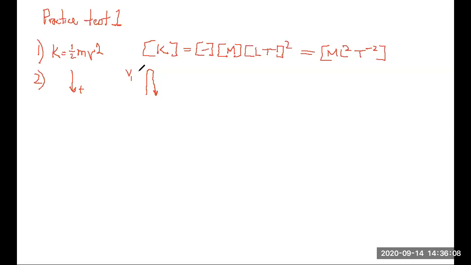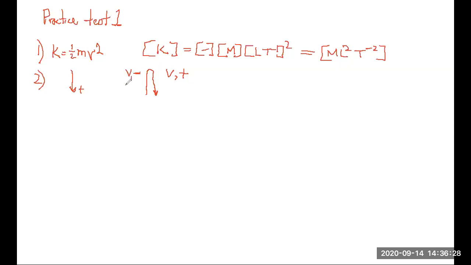So that would be in the negative direction. And then on the way down, the ball is in the positive direction. So velocity changes direction.